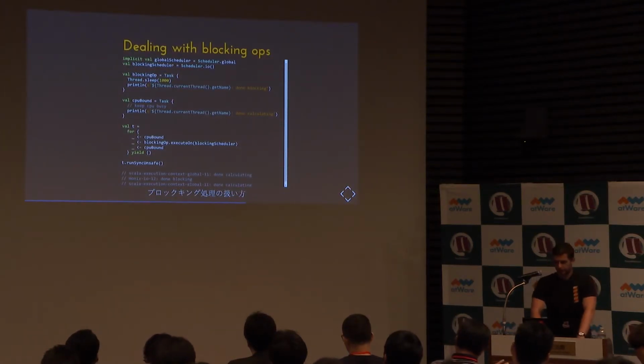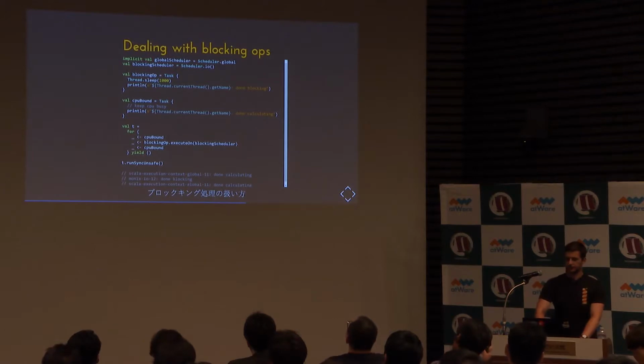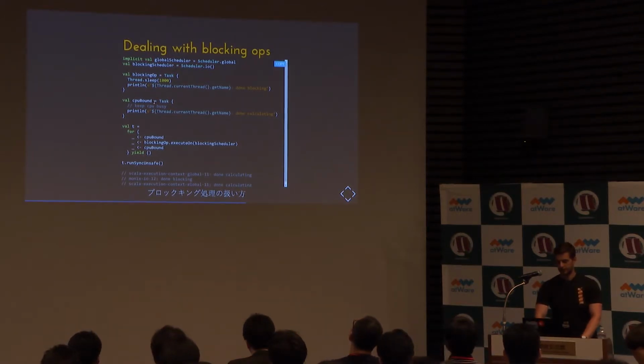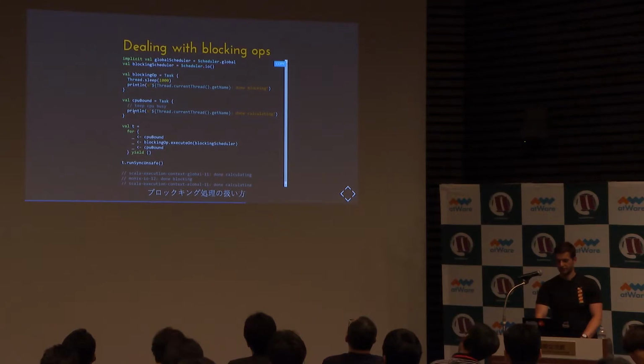And here's one way of doing this in Monix. We could have two schedulers, and let's say this is some kind of blocking operation. And this would be something that is CPU bound, so maybe it could do some useful calculations.